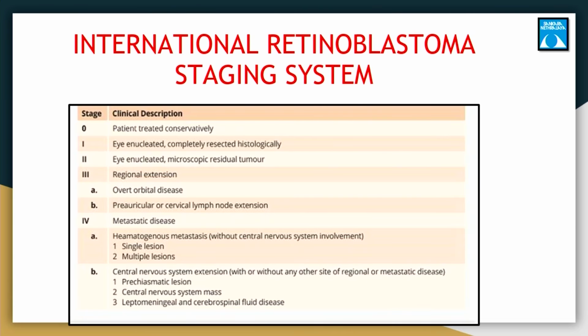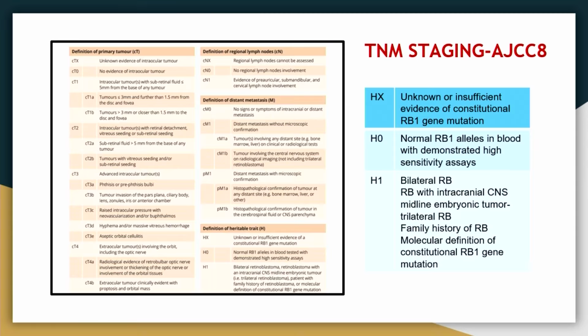We also have the International Retinoblastoma Staging System. The TNM staging, AJCC 8, which gives more importance to the RB1 mutation, where HX is unknown or insufficient evidence of constitutional RB1 gene mutation. H0 is normal RB1 alleles after testing in blood, with high sensitivity assays.